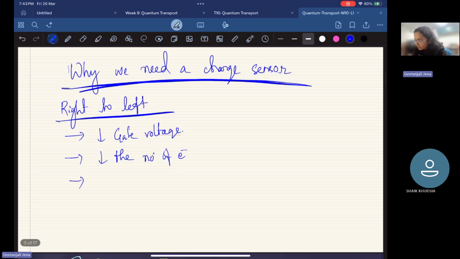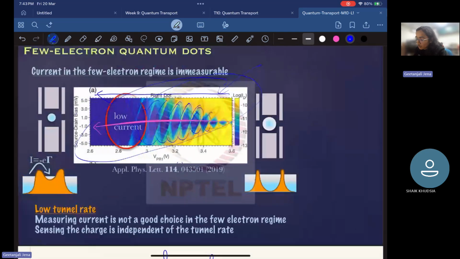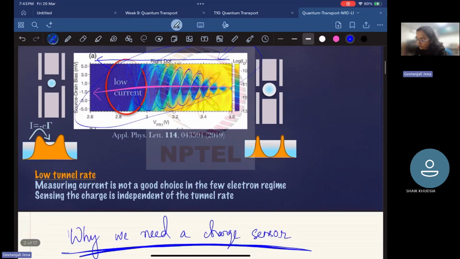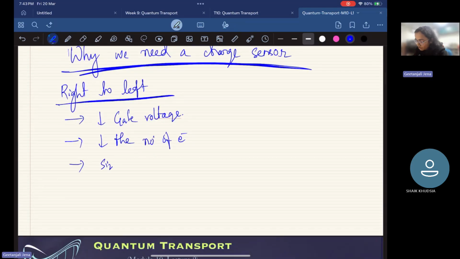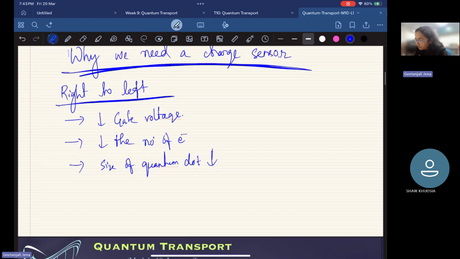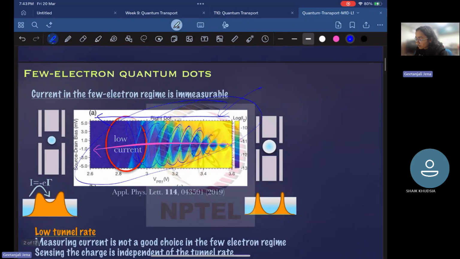Also, if you look at this figure, the size of the quantum dot is decreasing when we move from right to left. So the observation is that the number of electrons will decrease. Now, if we move from right to left, can we guess that in this low current region the total charge or total number of electrons is zero?